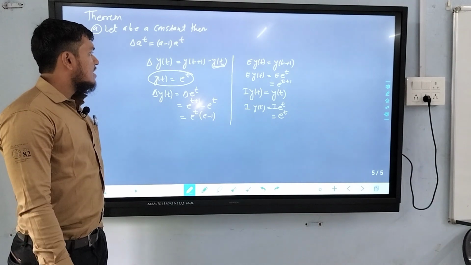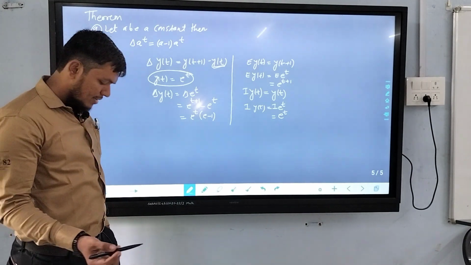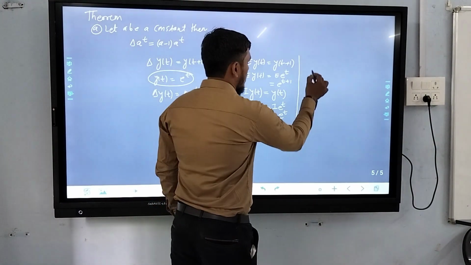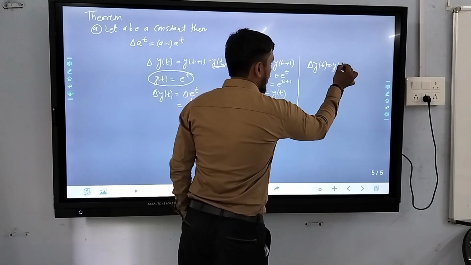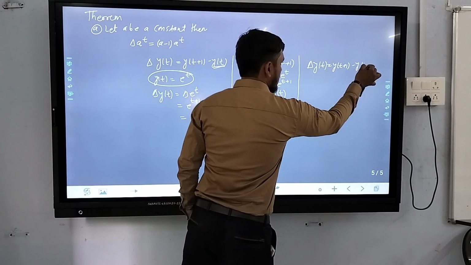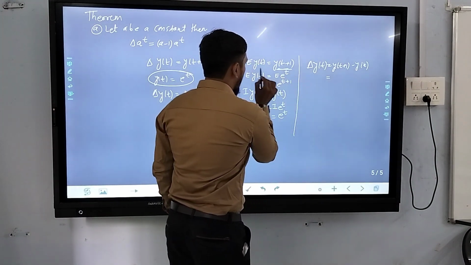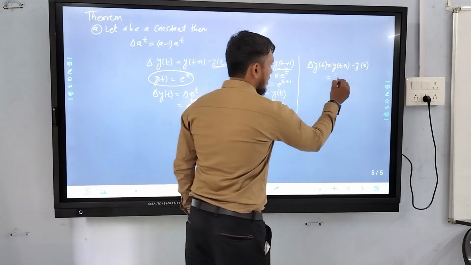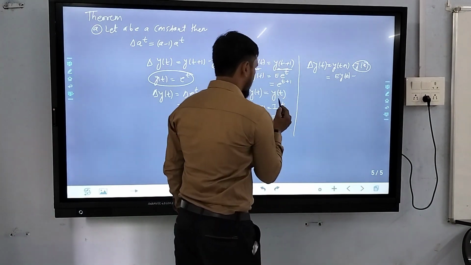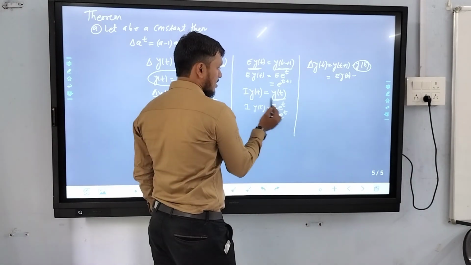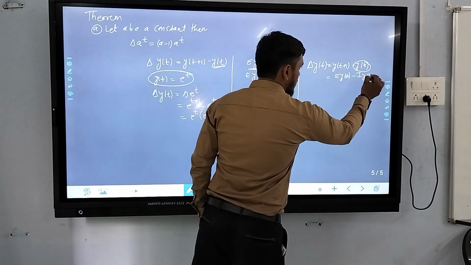After that, we see the relation between the difference operator and the shift operator. We know delta y of t is equal to y of t plus 1 minus y of t. This y of t plus 1 can be written as E y of t, minus, and this y of t can be written as I y of t.